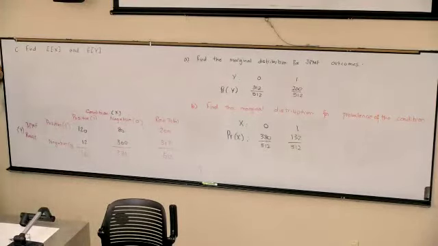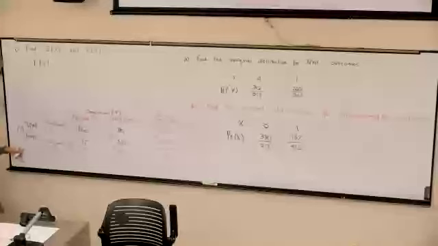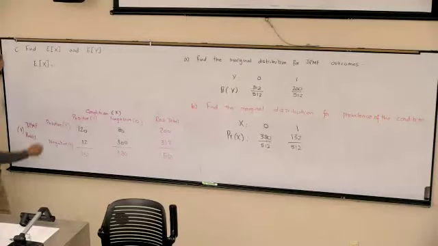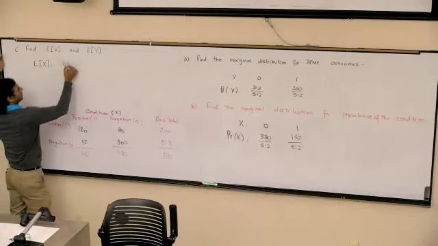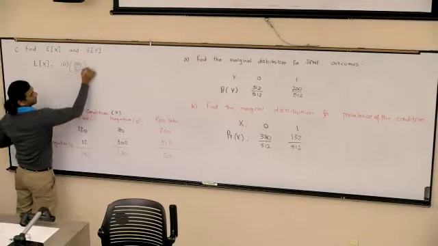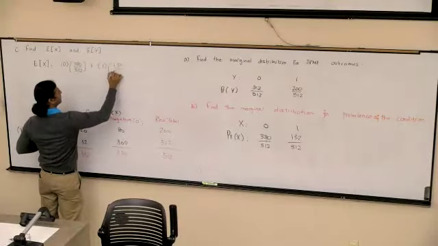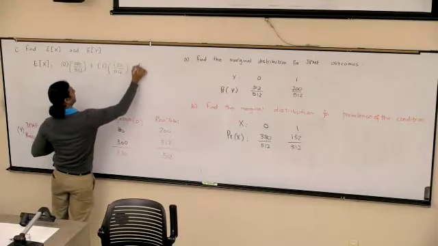Now that we have the marginal distributions, we can go ahead and find the expectation. That is straightforward. Expectation of X, we simply have to multiply the probability with the outcome. So 0 times 380 over 512 plus 1 times 132 over 512.